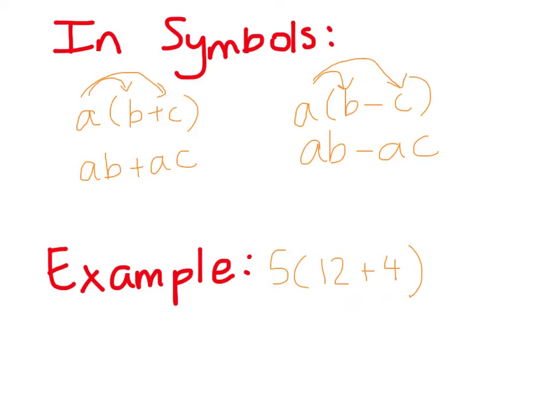But later in this lesson, we'll look at why we use the distributive property when I have variables in the parentheses. But to show that I can use the distributive property, I would do 5 times 12 plus 5 times 4. And then I could say 5 times 12 is 60 plus 20, and my answer would be 80.